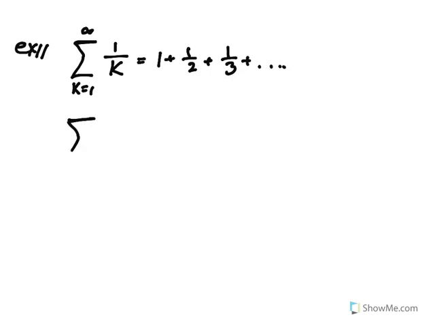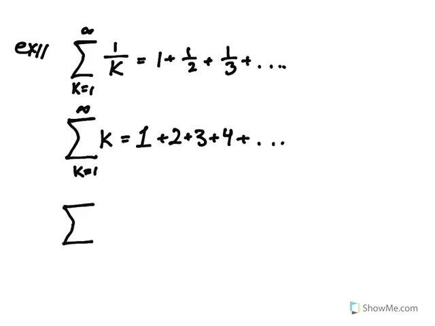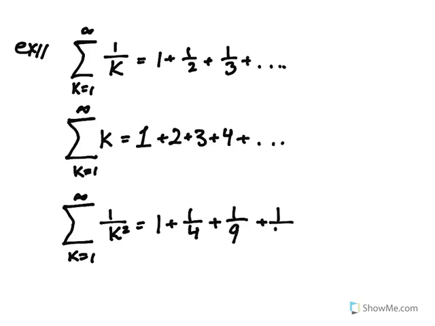Also, we may have the sum of just k, which is equal to 1 plus 2 plus 3 plus 4, again all the way up to infinity, or something along the lines of the sum to infinity of 1 over k squared. So this goes 1 plus 1/4 plus 1/9 plus 1/16 plus and so on.